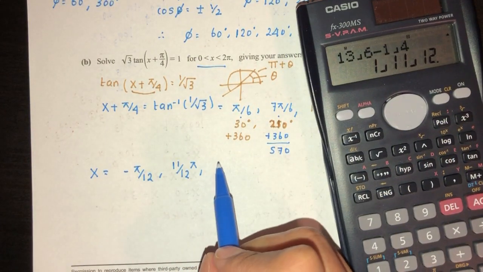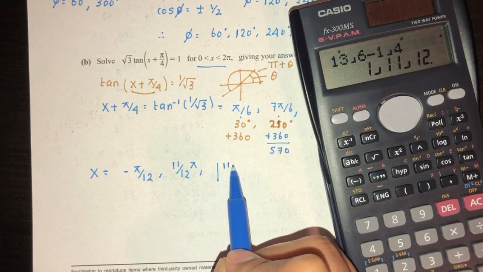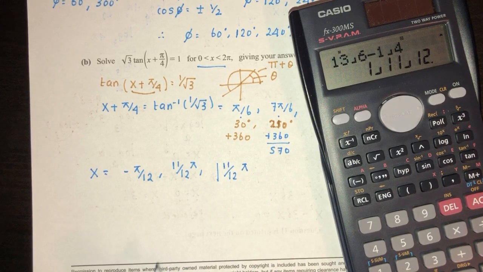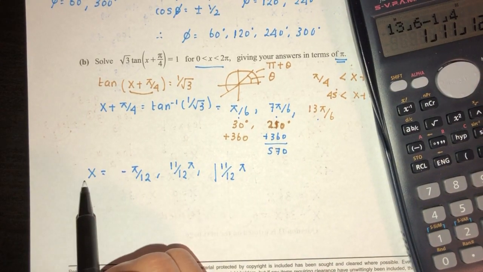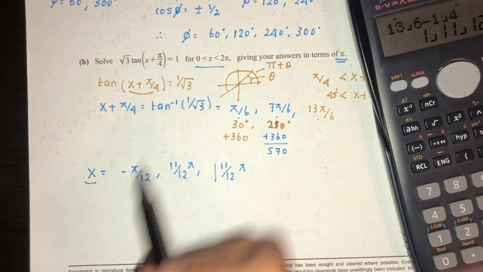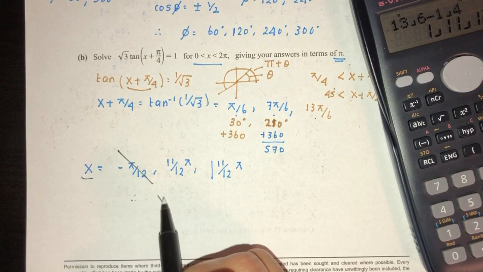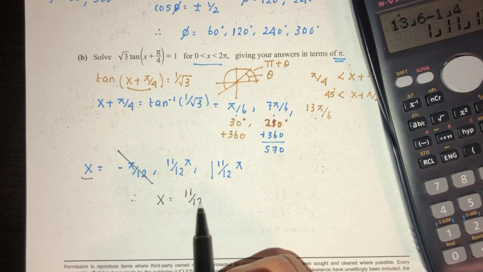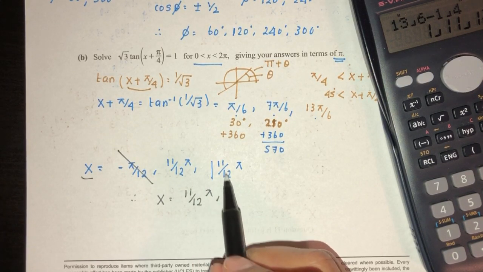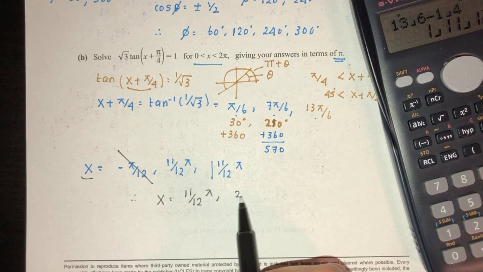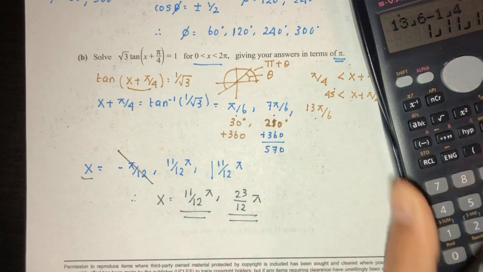That will be 23 over 12 pi. So as you can see, now this is the value of x that you need to find, but x is only between 0 and 2 pi. So minus pi over 12 will be outside the range, and you will end up with 2 values, which are x is 11 over 12 pi, and 23 over 12 pi. So you have 2 values for x.